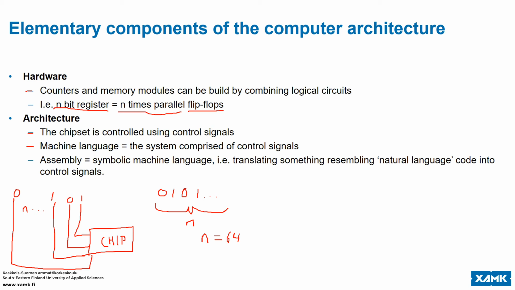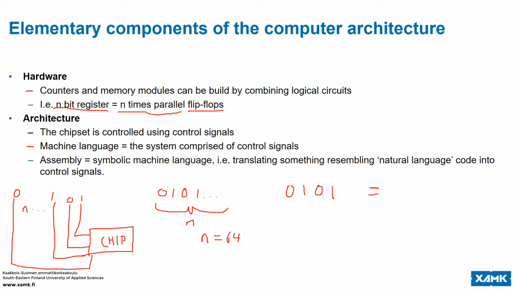Now, if we started to assign some natural language values to all the possible binary instructions that we had, we could, for instance, say the command or the binary instruction which we have here corresponds to a symbolic machine language or assembly code.